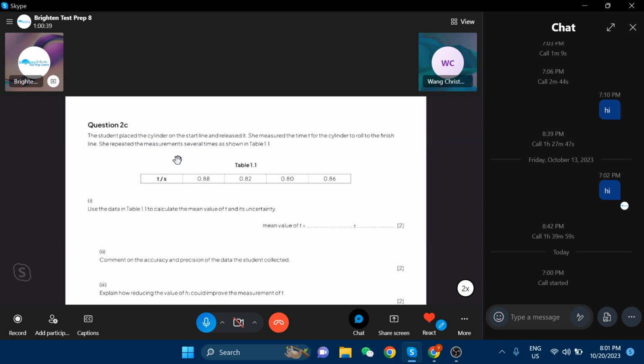What is the mean value of t? 0.88 plus 0.82, and then divide by 4.